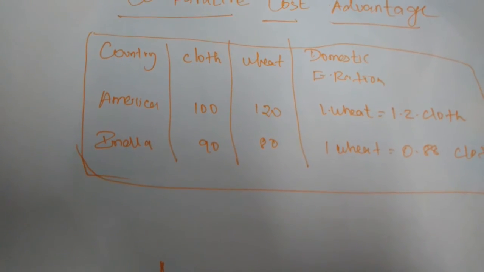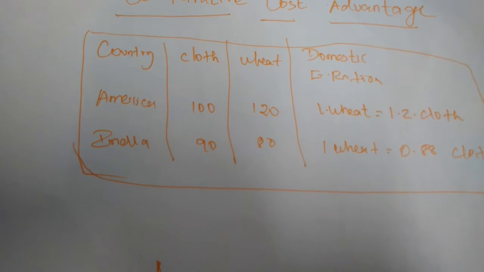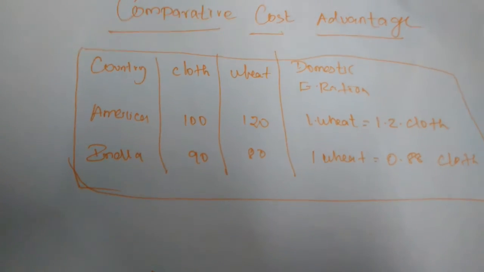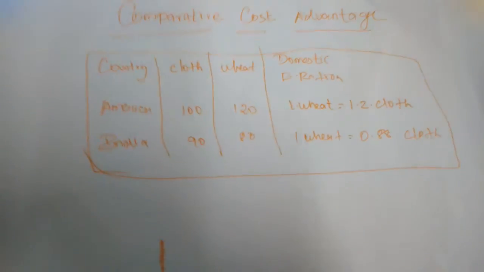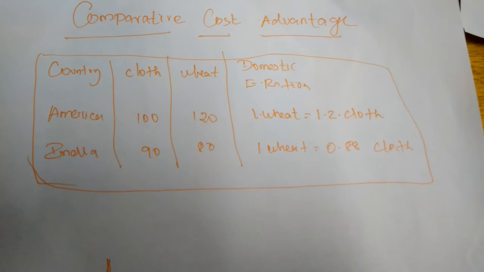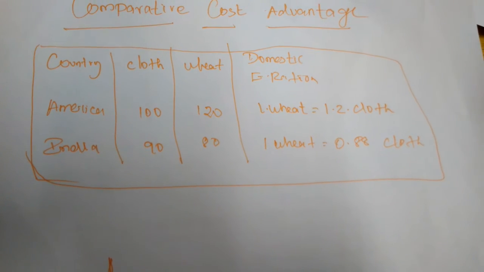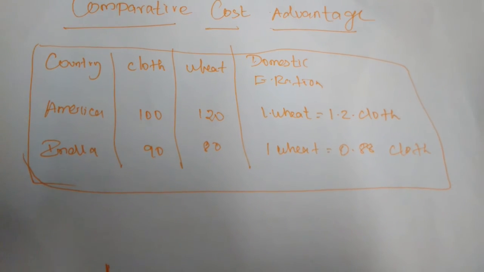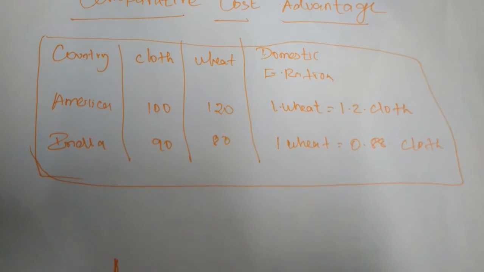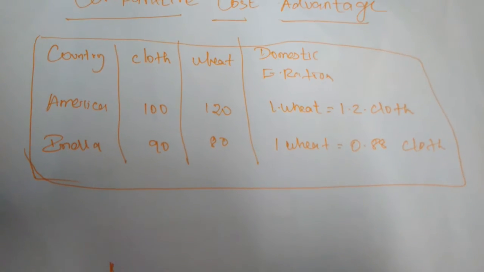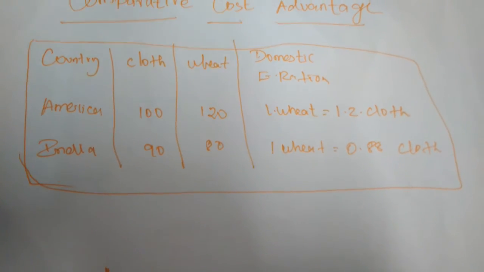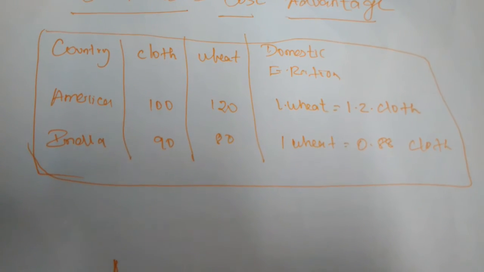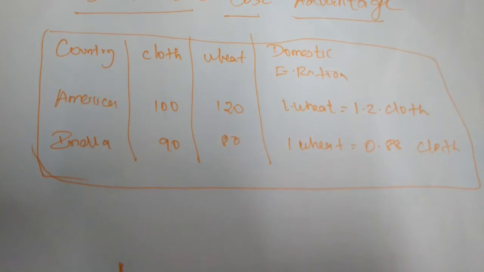So 80 by 120 is less than 90 by 100. India produces wheat with 80 units of labor and cloth with 90 units of labor, while America produces 1 unit of cloth using 100 units of labor.